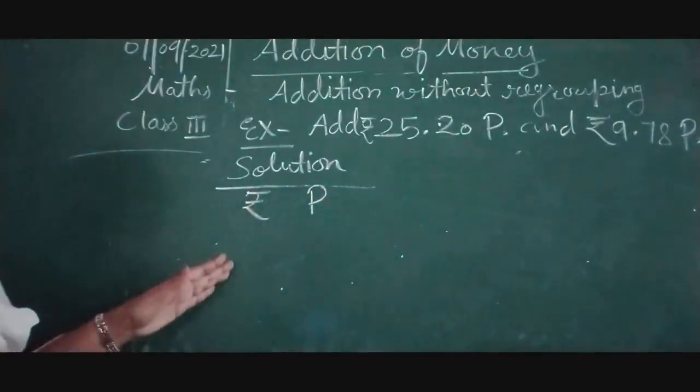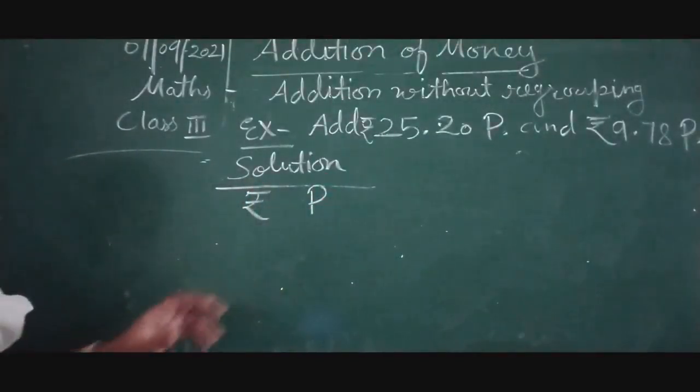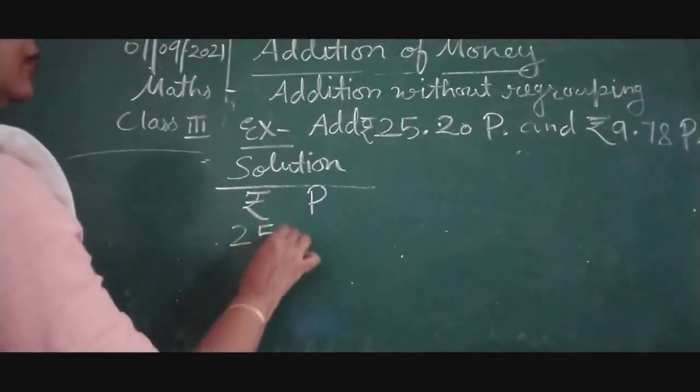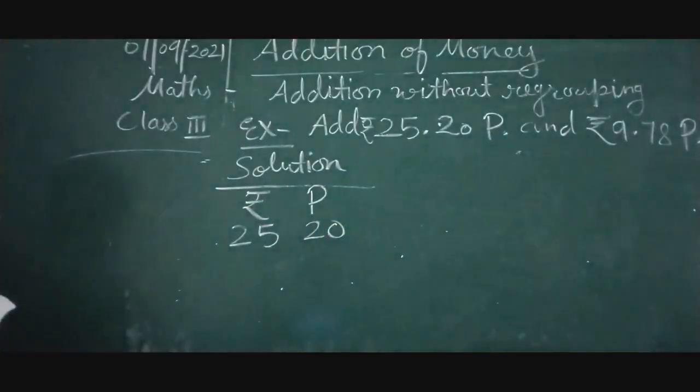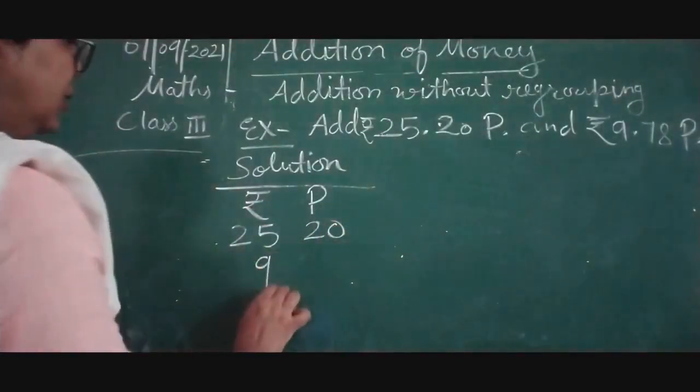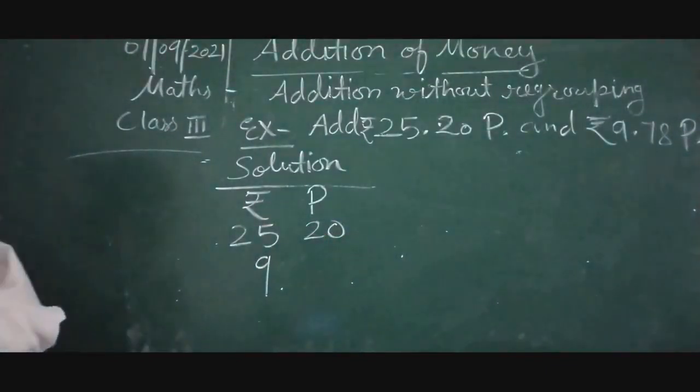First we will write rupees and paise. So here 25 and here 20. Okay. Now फिर 9 and then 78.